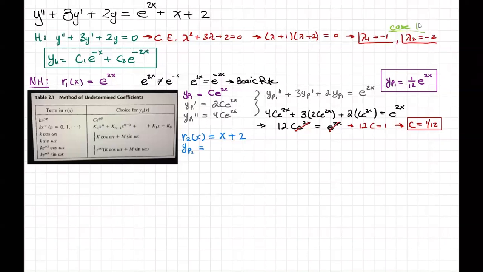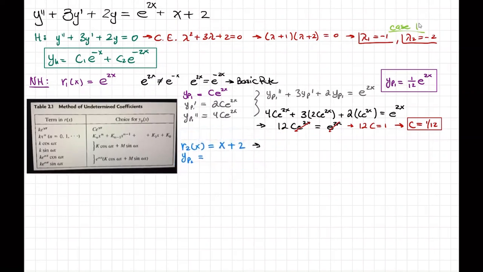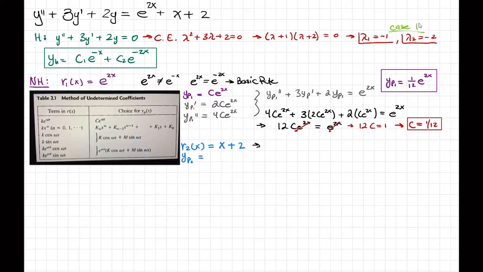Once again, I can do them separately, but because both of them are algebraic terms, I can basically group them together. So based on that, we're going to use the basic rule, because none of those are even present in the equation that we have here at the beginning. So we have here, once again, basic rule.